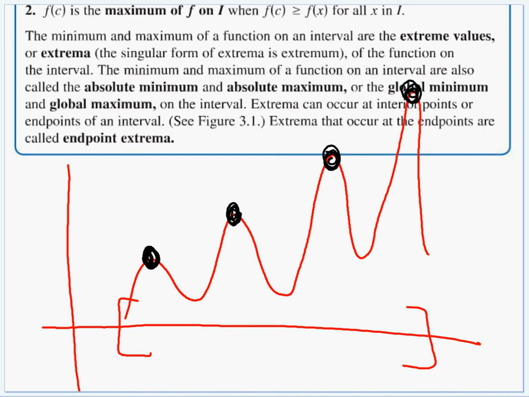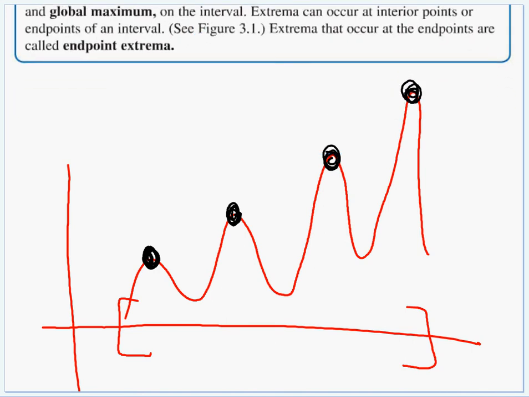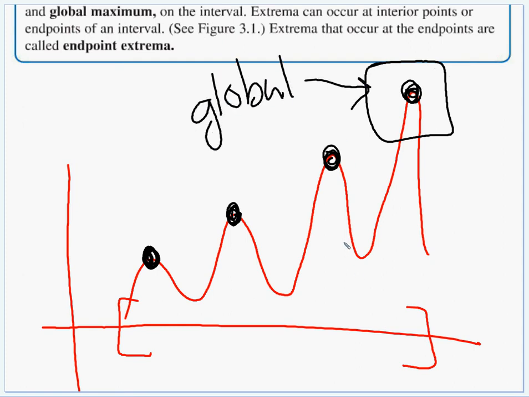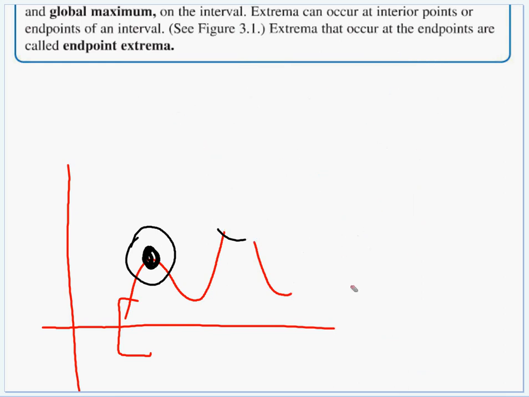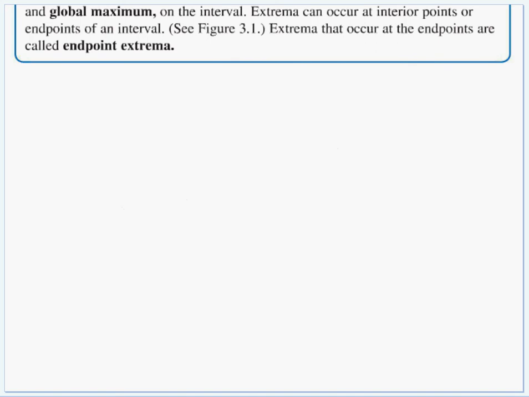They're all local maxes. They're the highest peak in the neighborhood. But if we look at all four of these, the highest of all the peaks, this would be your global or your absolute max. You know, these other maxes, they're king of their own little hills, but out of all the hills, this is the king of them all. So that would be our global or absolute max.